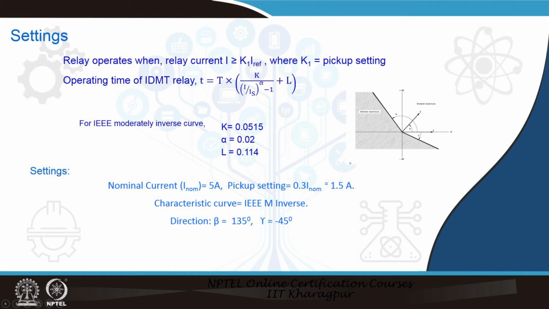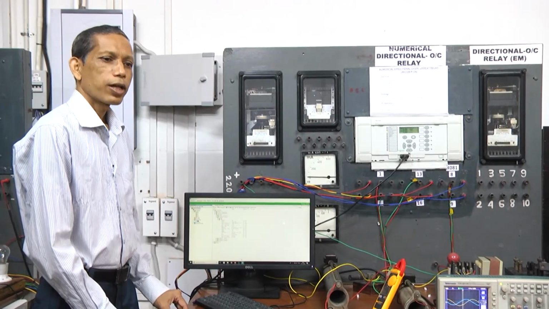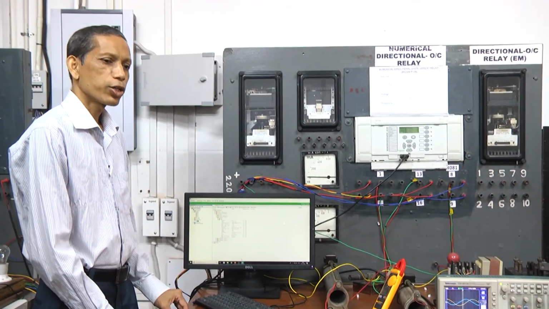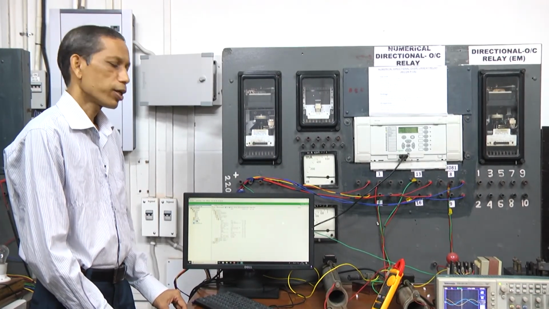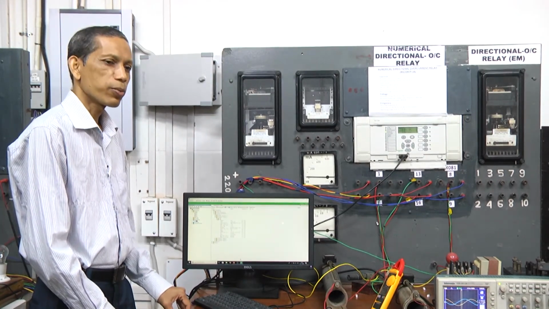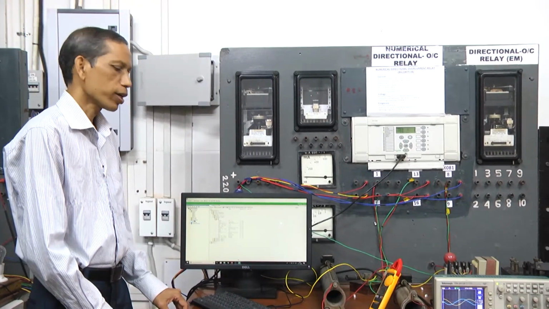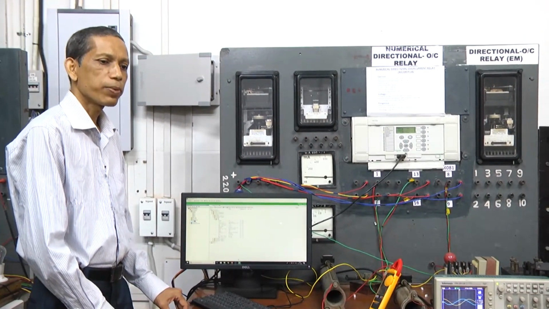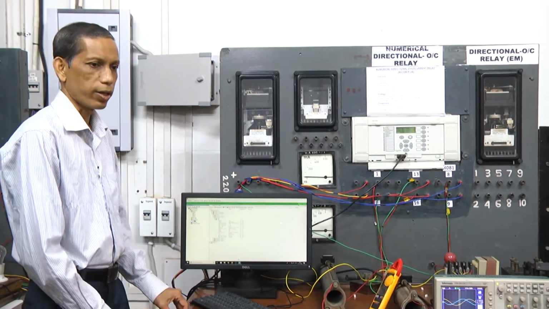Now, we will see how the corresponding settings are being done for the relay through this PC, and then we will demonstrate how the experiments can be carried out for the verification of the directional overcurrent relay.